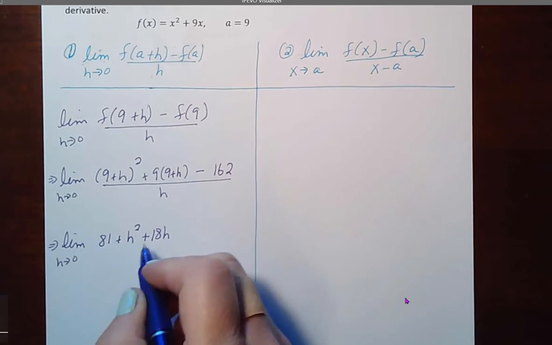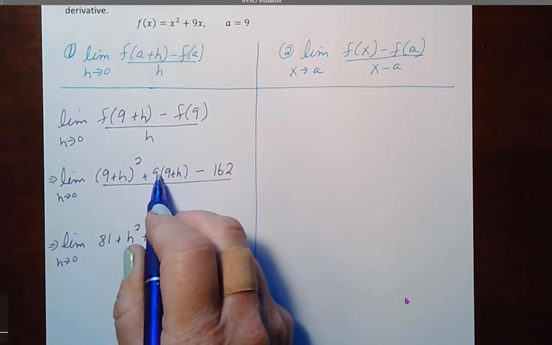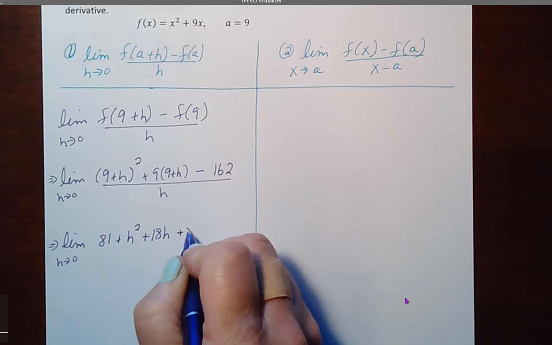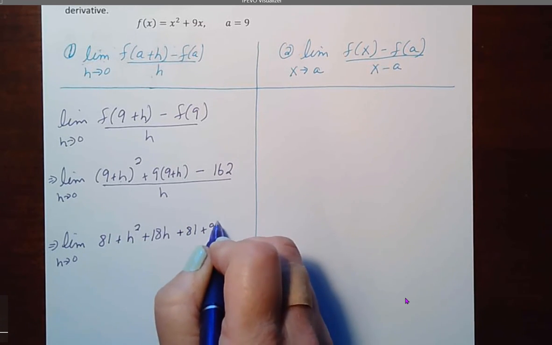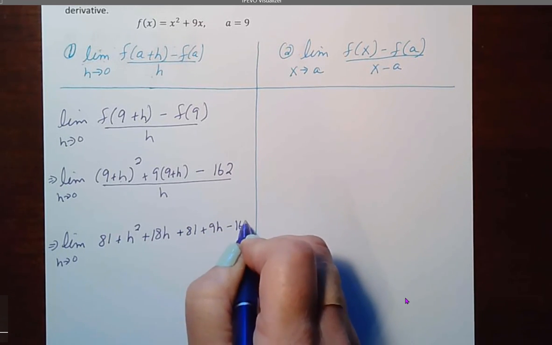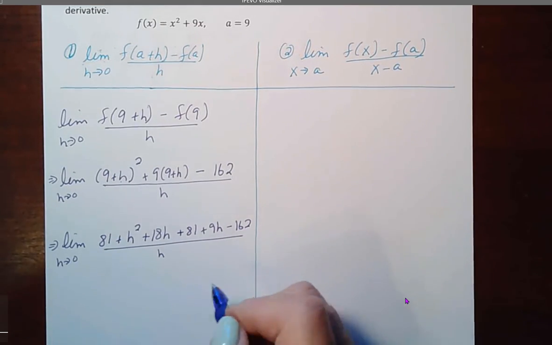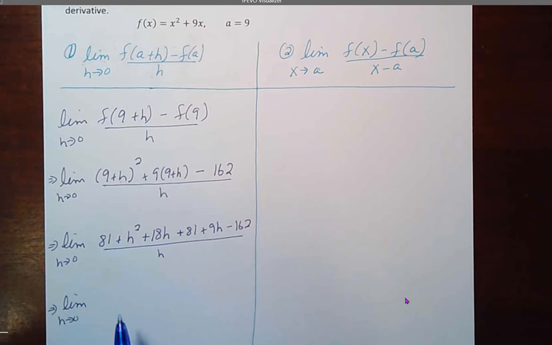Okay, so next, of course, we're going to distribute this 9 to both of these terms, so plus 81 plus 9h, and then minus 162, and of course this is all over h. Okay, there are two ways, or two checks, if you will, to verify that you are doing the difference quotient correctly.